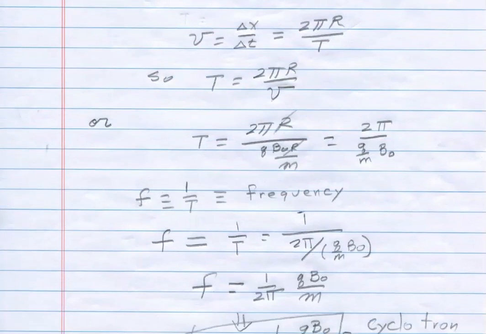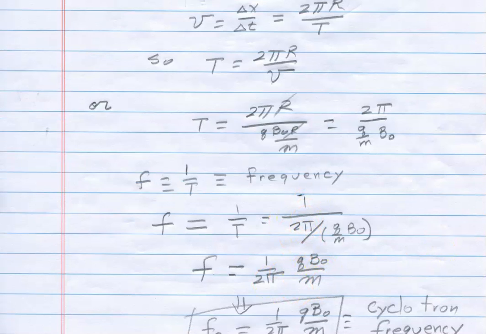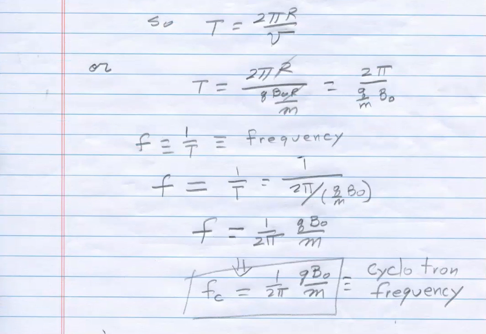Some other auxiliary expressions are the frequency. Frequency, if you remember, is 1 over the period, just by definition. And if I've got the period, then I just take the reciprocal of it, and the denominator will flip over on top, and so I get 1 over 2 pi times q B naught over m.